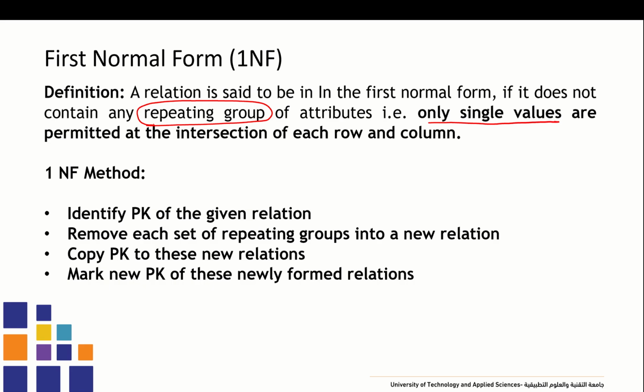So there are two conditions for the first normal form: no repeating group, and no multi-valued attribute. What is multi-valued? It should take only one value. It should not take multiple values. So that is the first normal form.